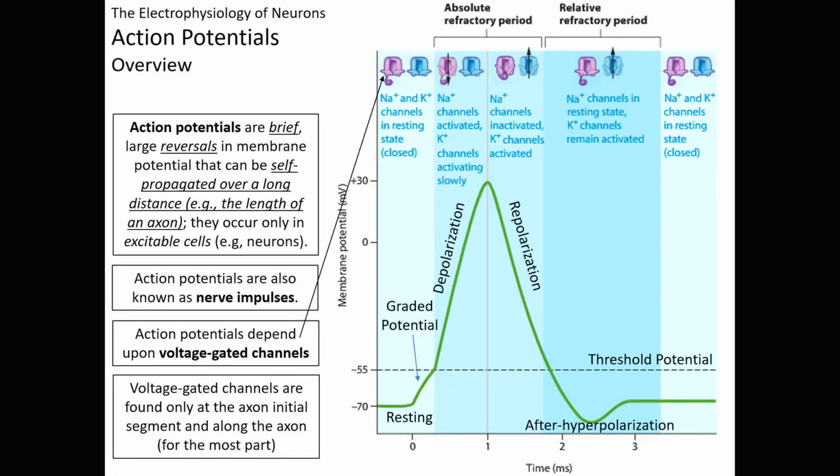Once those voltage-gated potassium channels finally close, then you're going to be back to the resting membrane potential, because now the only channels that remain open are the leak channels, and so we're going to go back to the resting condition. All right? So this is how we get this particular shape, if you will, to an action potential, right?